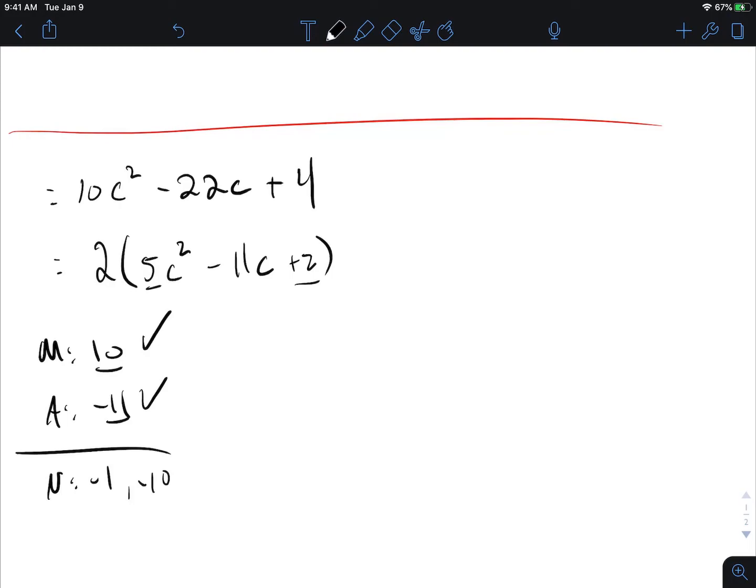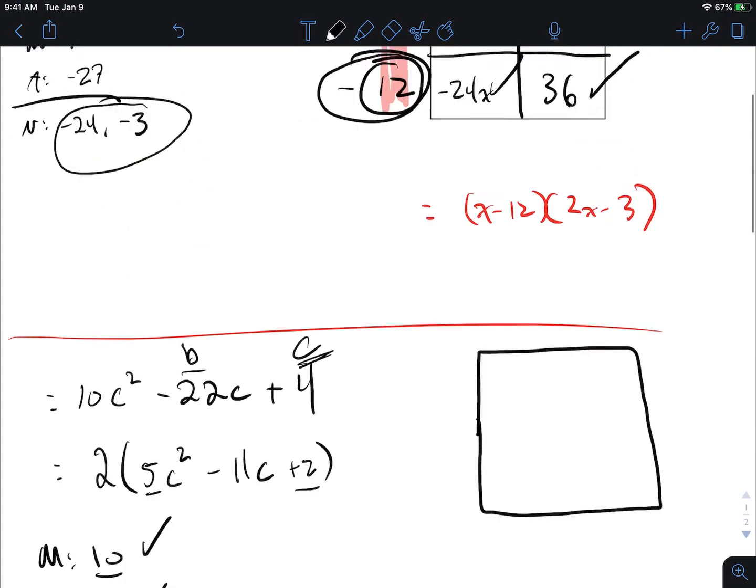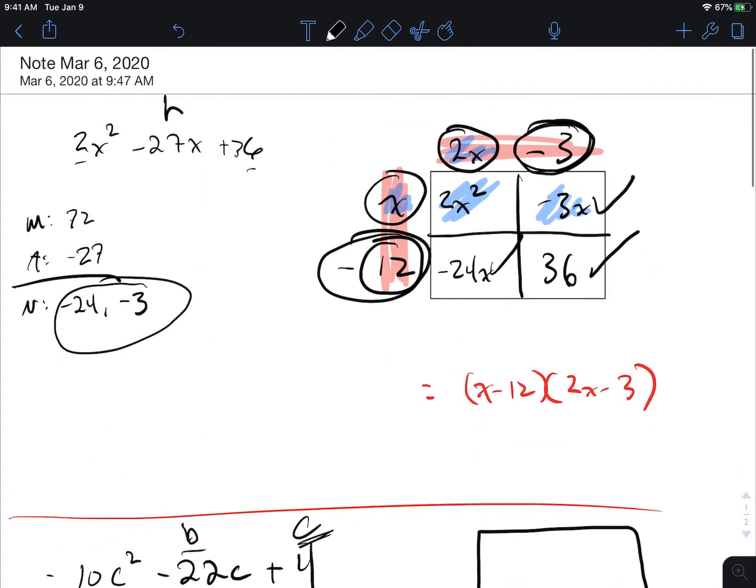Okay, now I can do my table. I know this is one of the funny questions because B is negative and C is positive. That's why it wasn't working yesterday. We saw 2 questions like that, like the last one, where B was negative and C was positive.